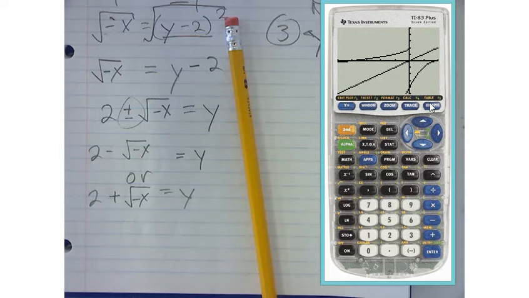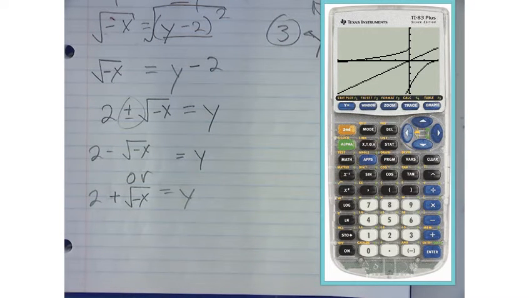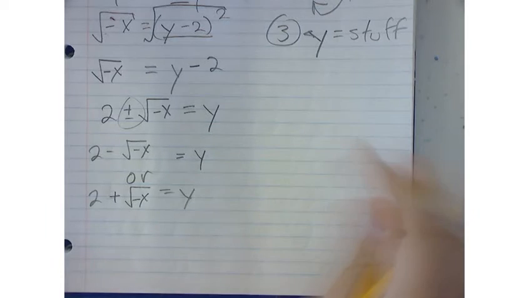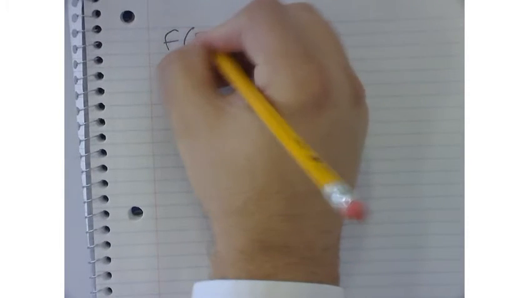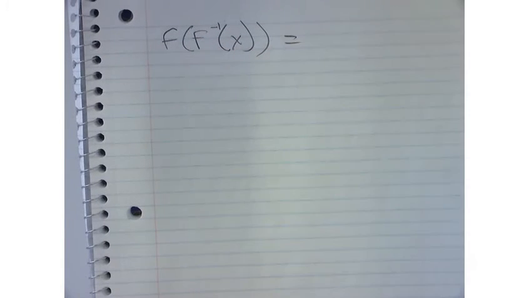All right. So we've used the graph, and now we want to verify that algebraically. Oh boy. To verify that algebraically, I need to take f of f inverse of x. And what should that look like when I'm done? It should equal x, right?